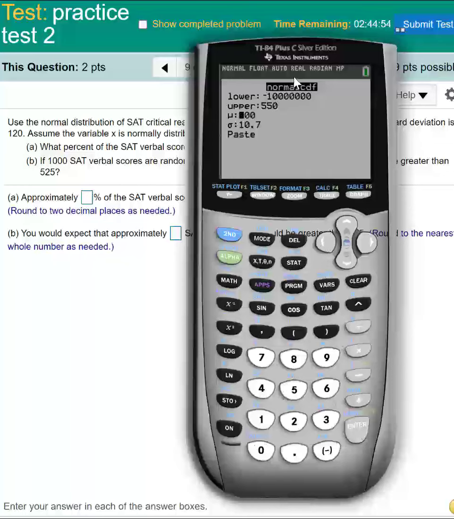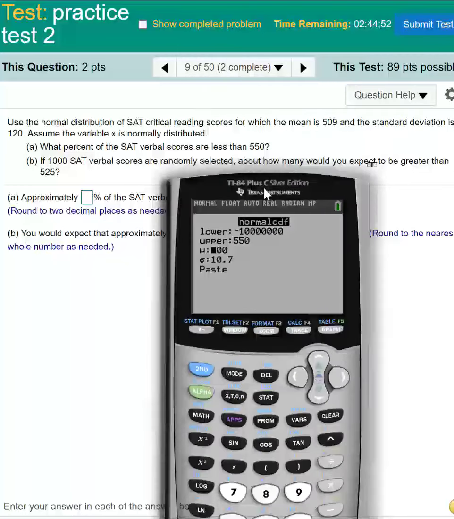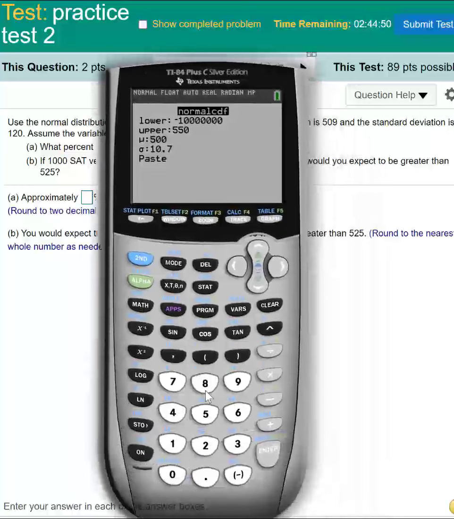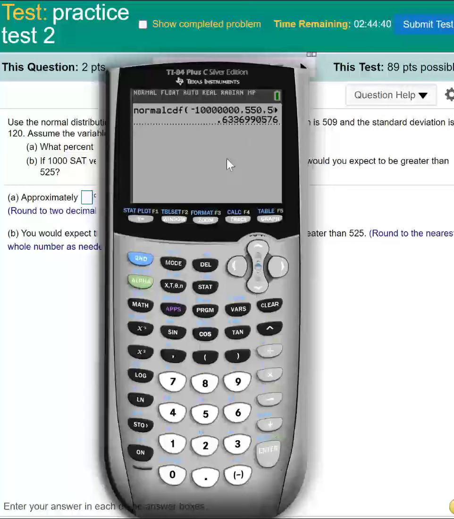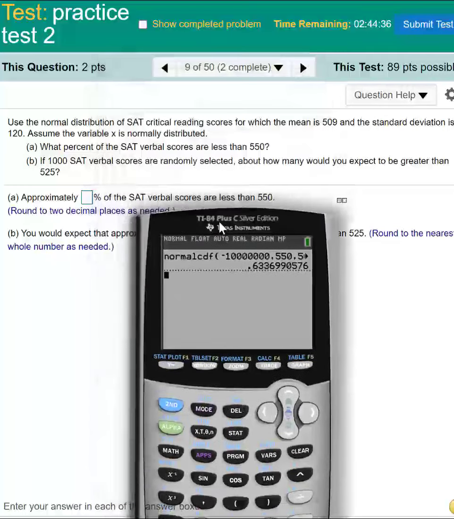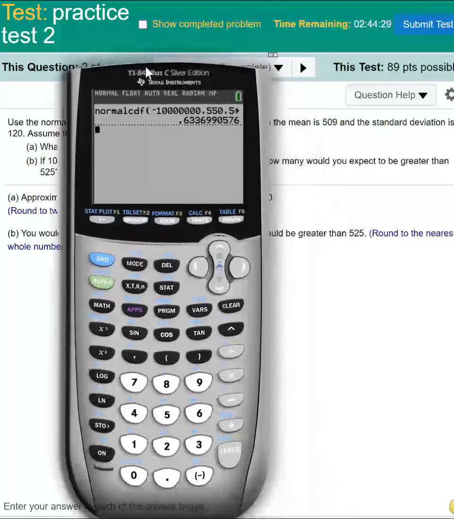The mean is 509 and standard deviation is 120. Paste. So 0.6337.